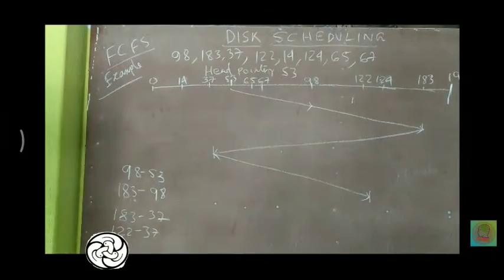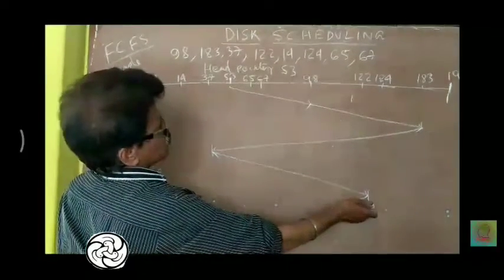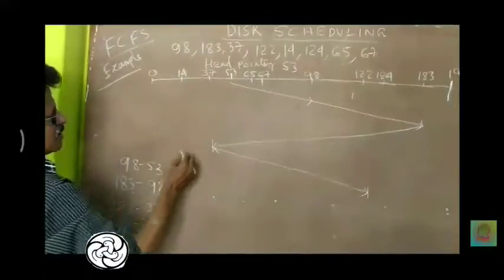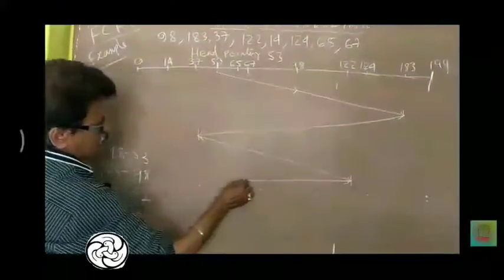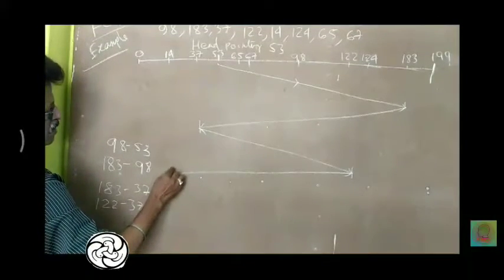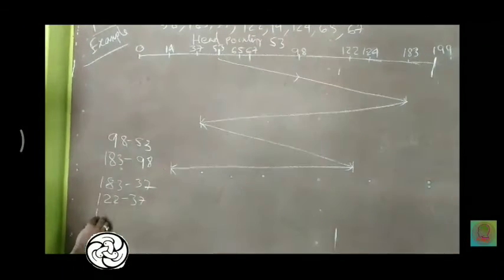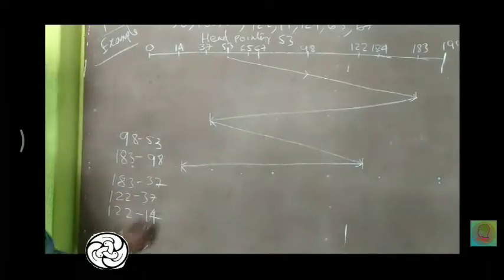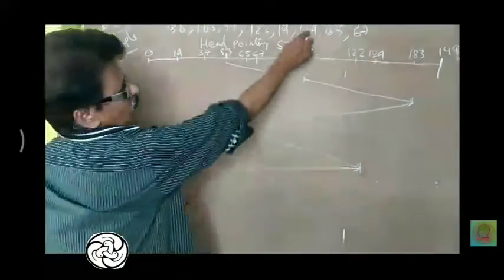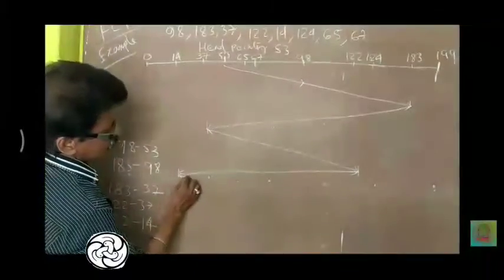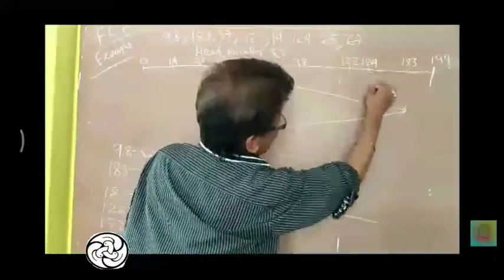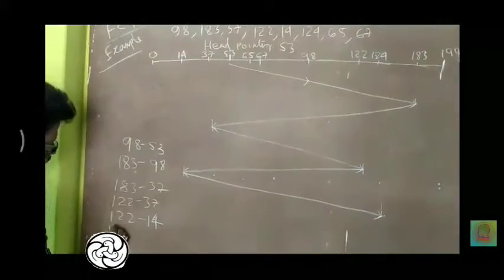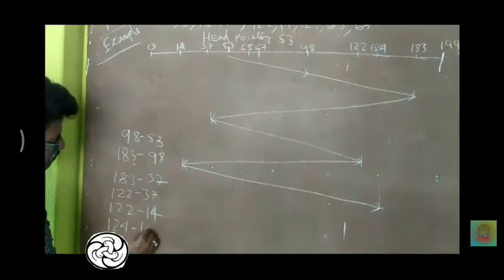Then from 122 we have to move to 14 because our queue represents that we have to go to 14. That means 122 minus 14. Then 14 to 124, that means 124 minus 14.